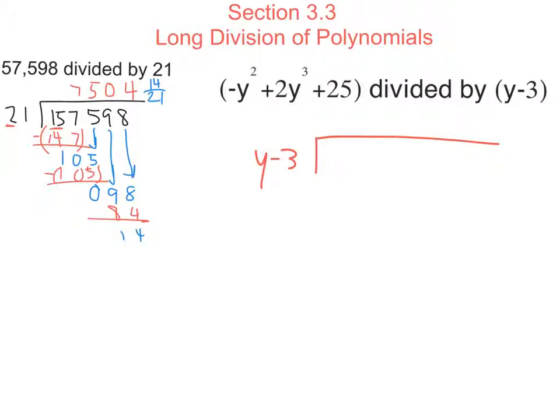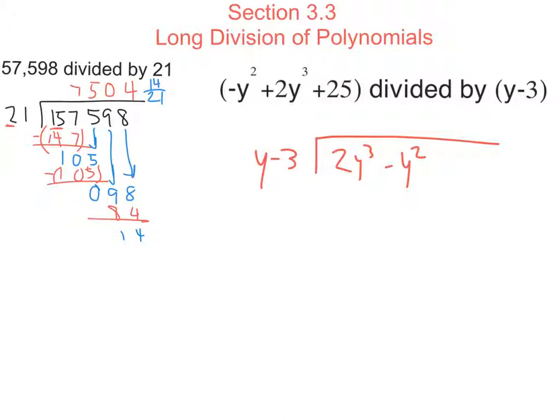Now inside, you want to write your polynomial, but you want to write it in standard form. And here's another very important part. You want to write it representing every single power. So standard form, you want your highest exponent term first. That's going to be a 2y to the third. So 2y to the third is the first term. Minus y squared is your second term. Is there a y?